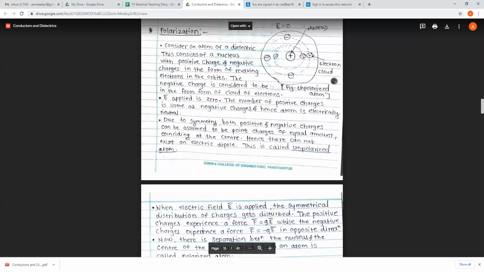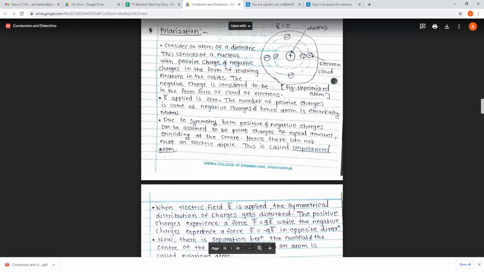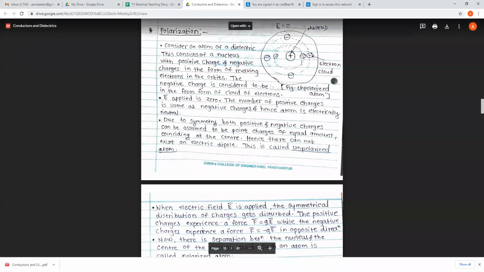When the electric field E bar is 0, the number of positive charges is the same as the number of negative charges. It means this atom is neutral.